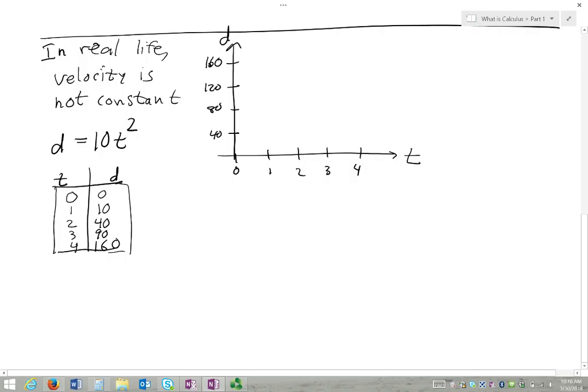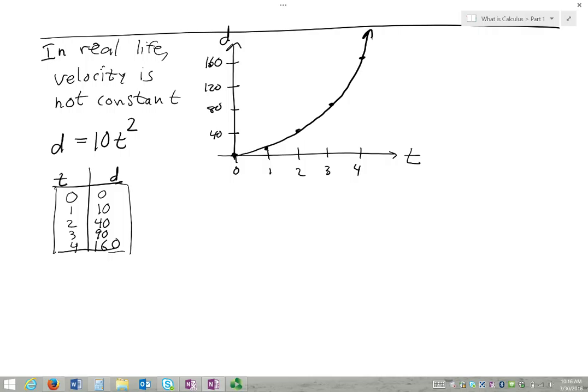Okay, so I'm just going to plot the numbers here. They're no longer going to fall in a straight line. As you can see, we're accelerating. I'll get this as close as I can. It's not a straight line anymore. It's now curved because our velocity is changing.